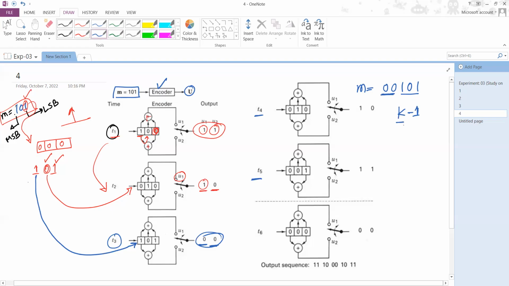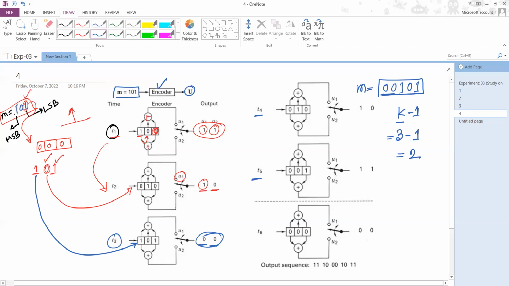The k value that we have said already is the stage, and in this case the k value was 3, and this is 1. So the number of flush bits the register will require is 2. That means we'll require 2 zeros after the message signal to send this 101 signal and flush it from the shift register.